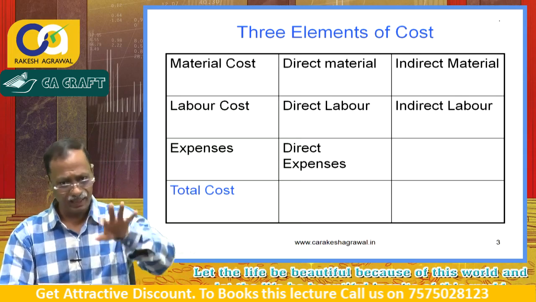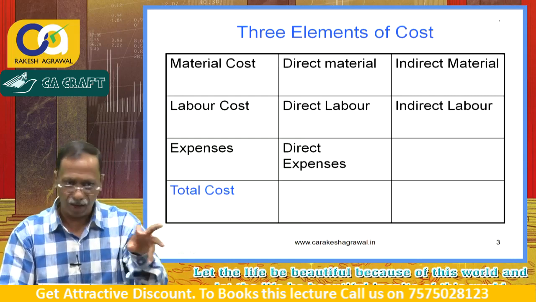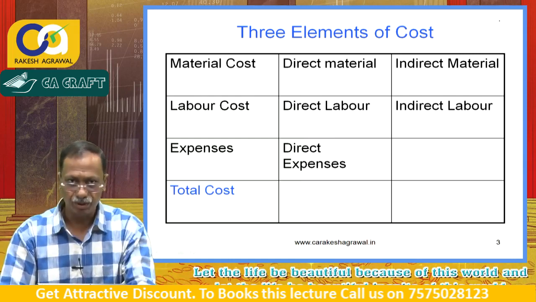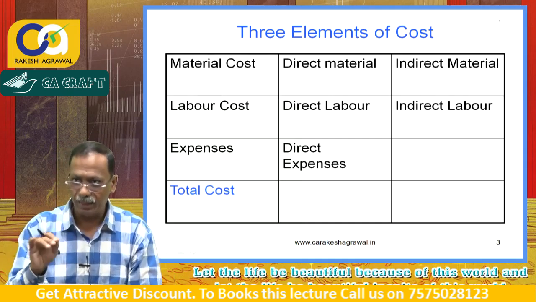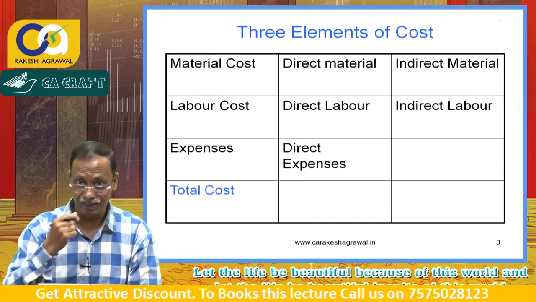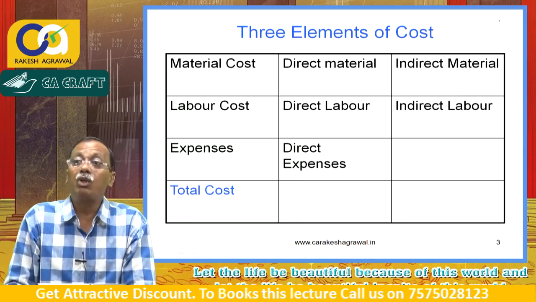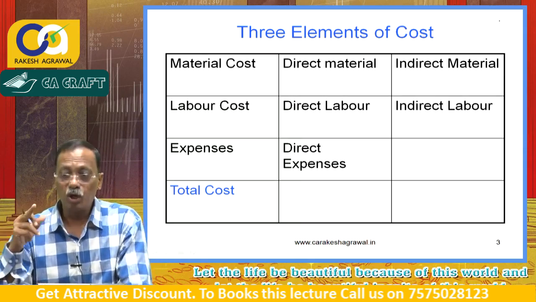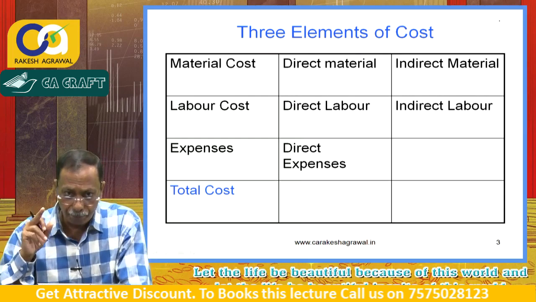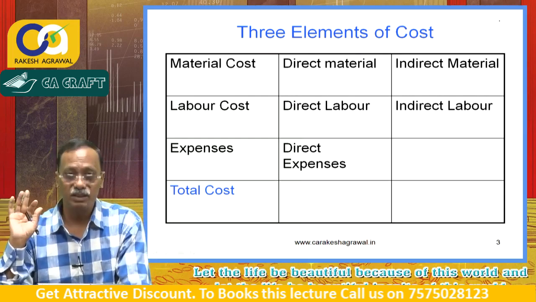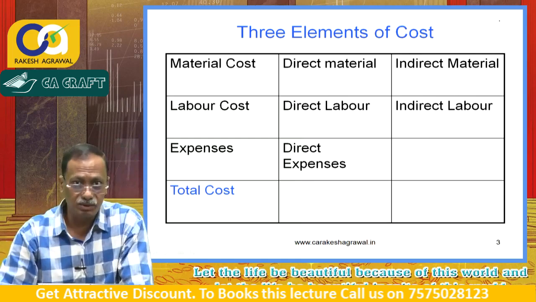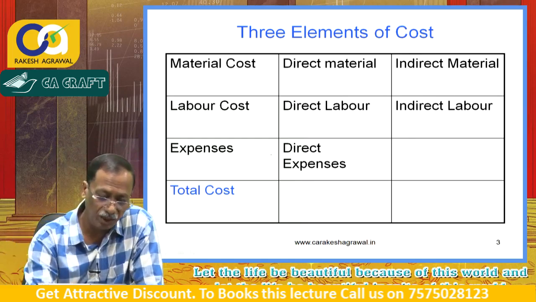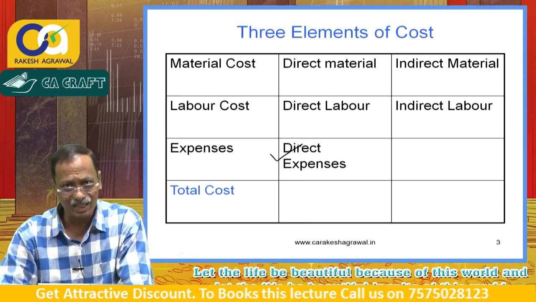It means I get the parts and components produced myself, but to assemble them and do the polishing and painting, I have hired another agency and told them that I will pay rupees 500 for doing assembly, painting and polishing of the desk benches. Then I have to pay 500 rupees out of my pocket to an outside agency, which we call outsourcing charges. That will go in the category of direct expenses.